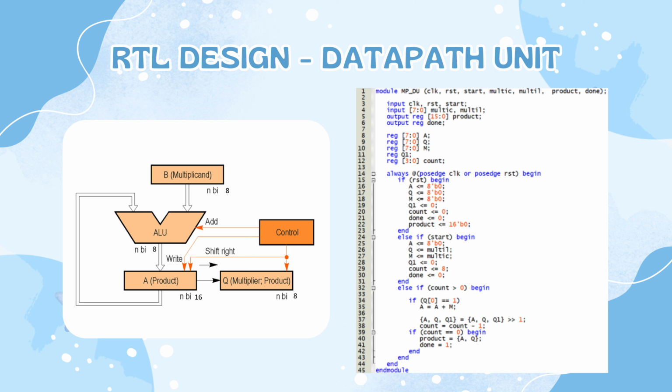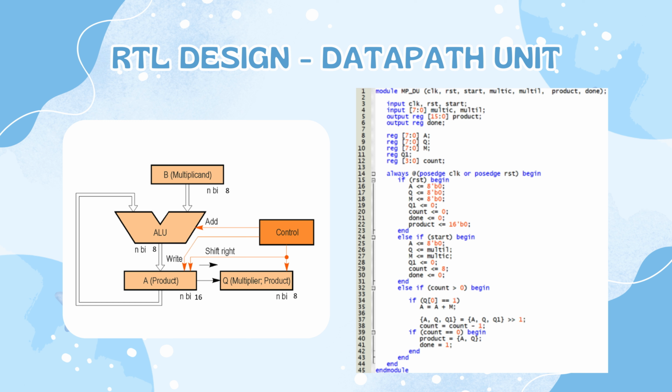It repeats for 8 cycles. After 8 iterations, the product is stored in A and Q, and the done signal is set to 1.